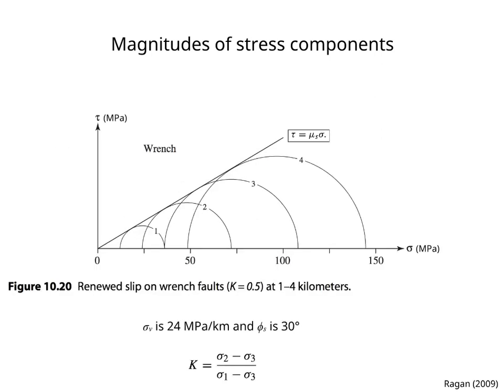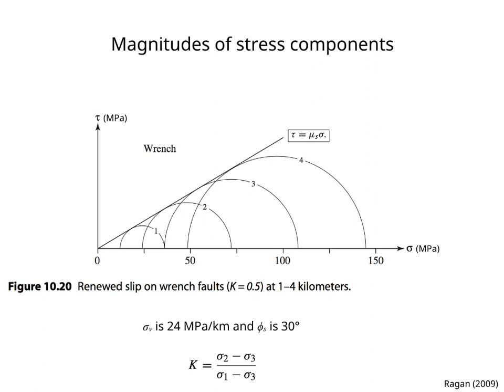For a strike-slip fault, sigma 2 is vertical, and there is a range of possibilities. All that is required is that the vertical stress has a magnitude intermediate between sigma 1 and sigma 3. We can express the relative value of sigma 2 by using the ratio k. The conditions for renewed slip for k equal to 0.5 are shown in this figure, for depths of 1 to 4 kilometers.